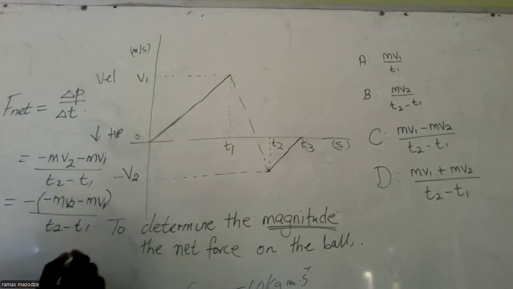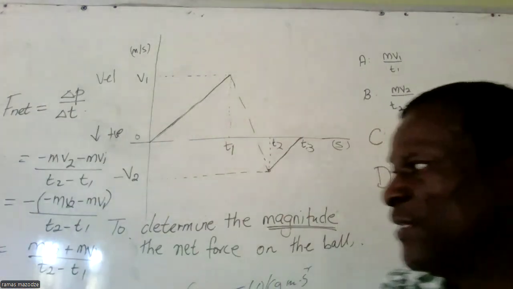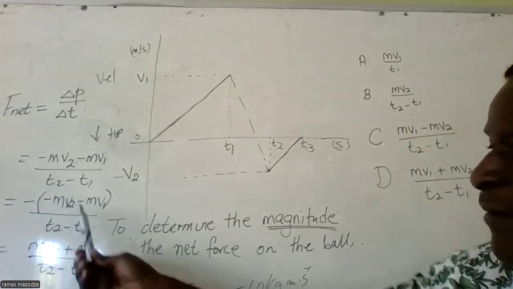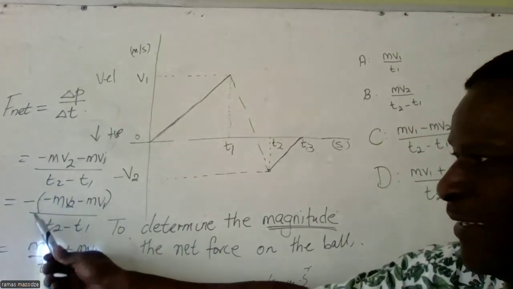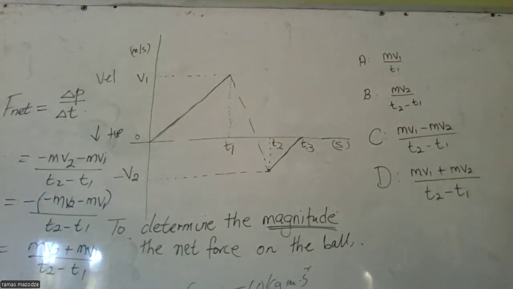Now if you work the numerator, it gives mv2 plus mv1 over t2 minus t1. I hope that makes sense. So you see, mathematically you multiply by minus 1 to get rid of that. That is the point that I wanted to make there.